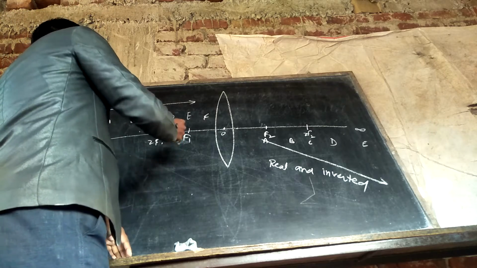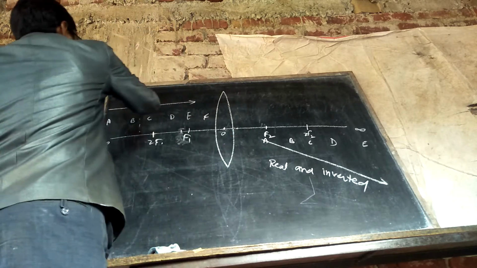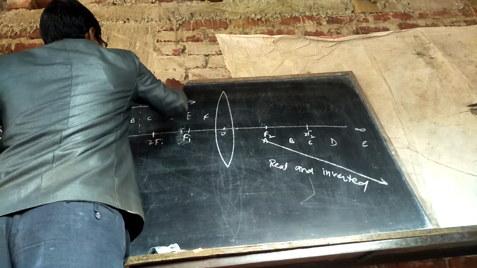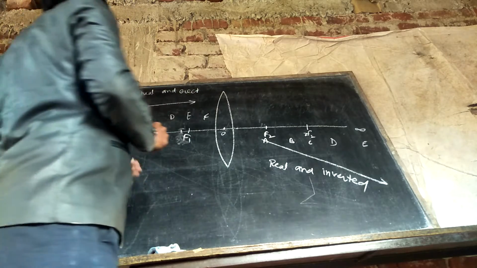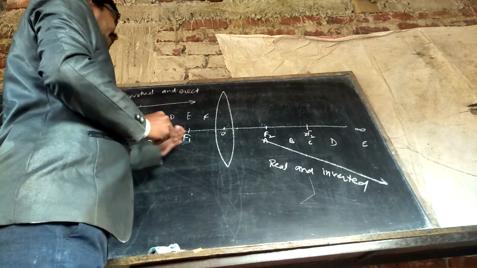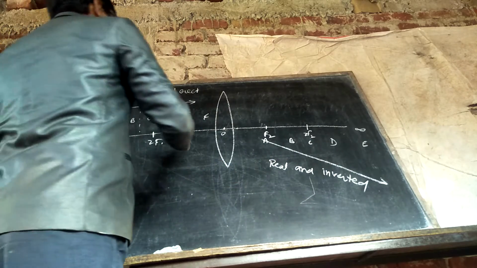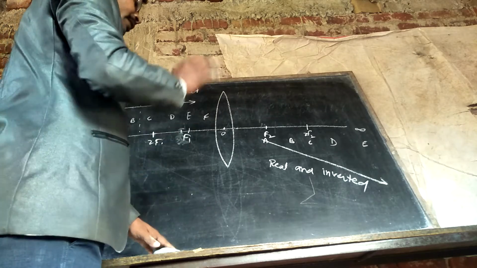Whereas, if the object lies between f1 and the optic center, the image will be virtual and erect. Clear? Had the object been between f1 and optic center, the image will be virtual and erect.